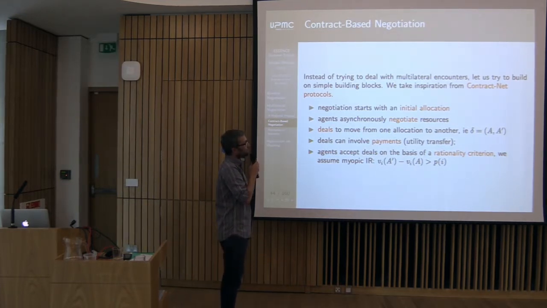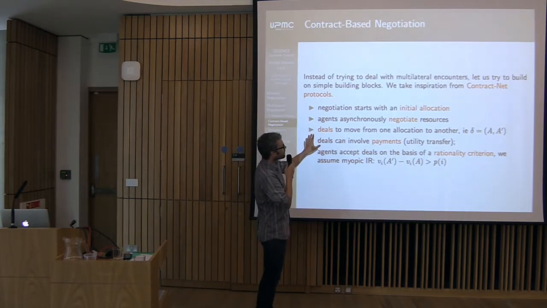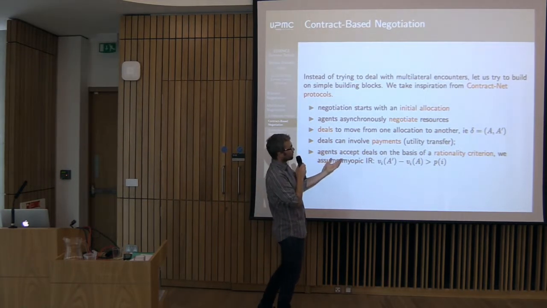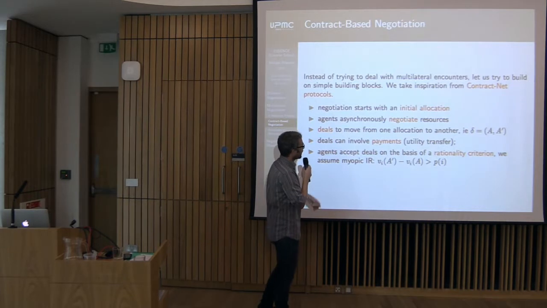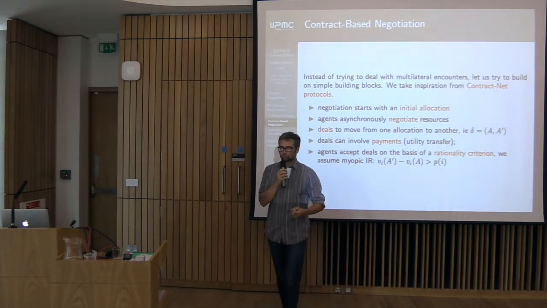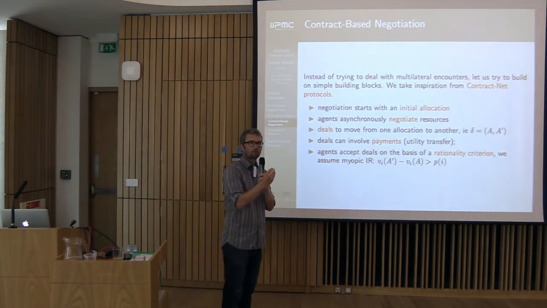It takes inspiration from the contract net protocols, and the idea is a bit the same as the one that you had before with this single text mediated protocol, except that you don't need a mediator. So you start with an initial allocation, and then agents will autonomously negotiate among themselves.